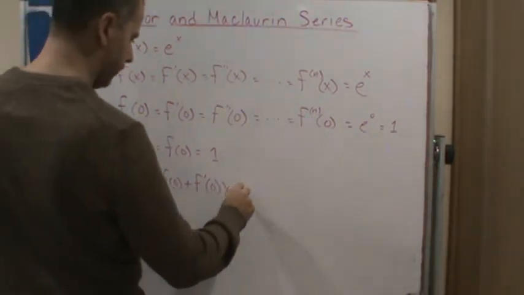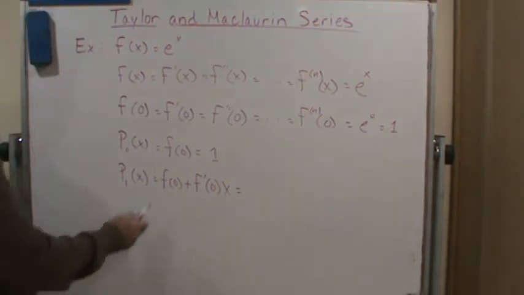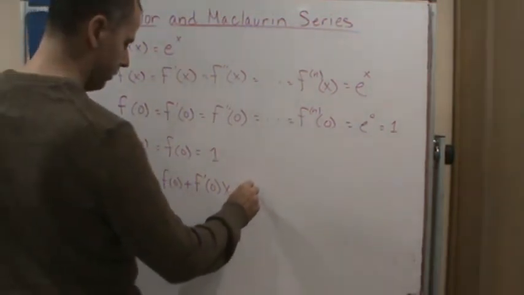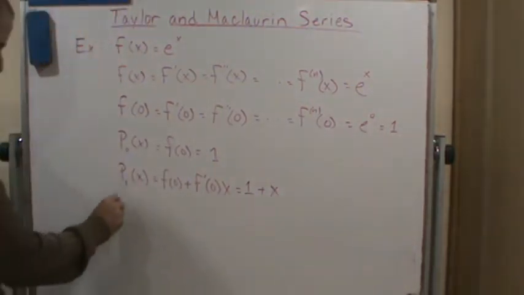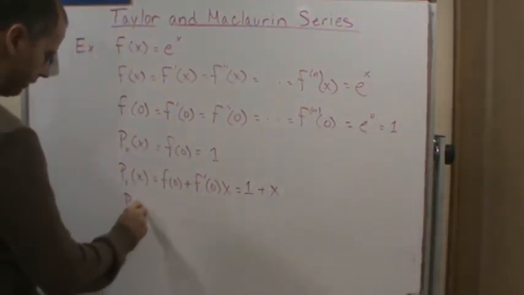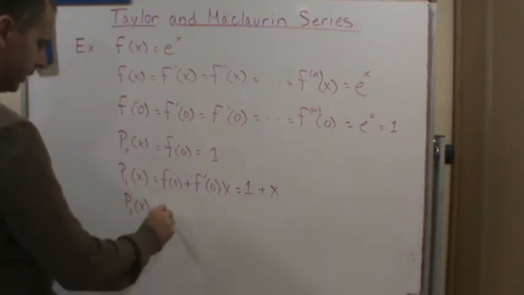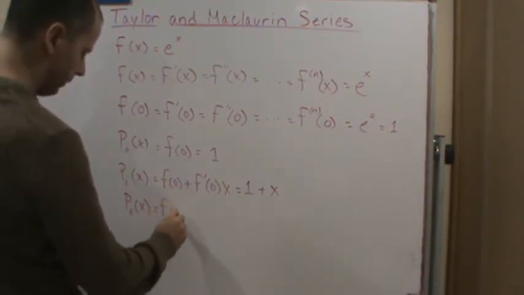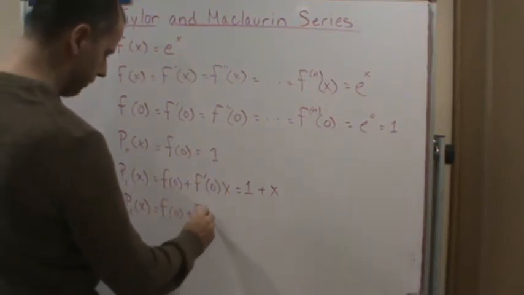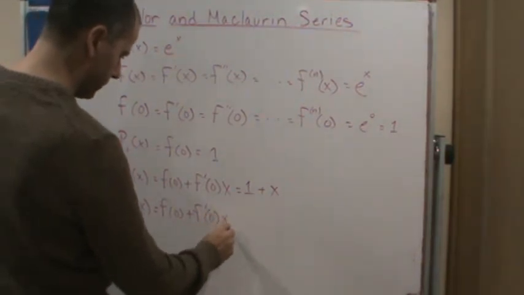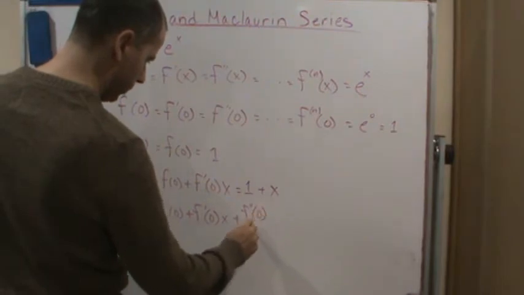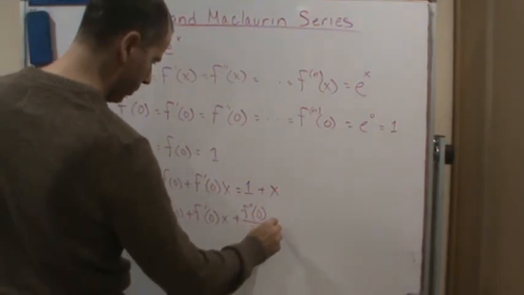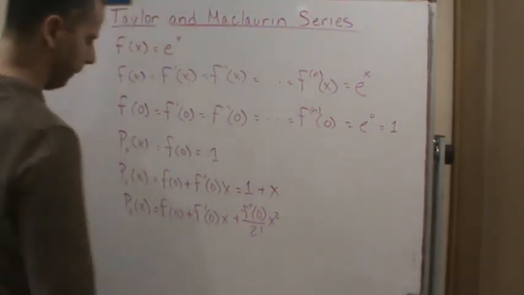So this is going to equal 1 plus x. And then P2 of x is going to equal f of 0 plus f prime of 0 times x plus f double prime of 0 over 2 factorial times x squared.